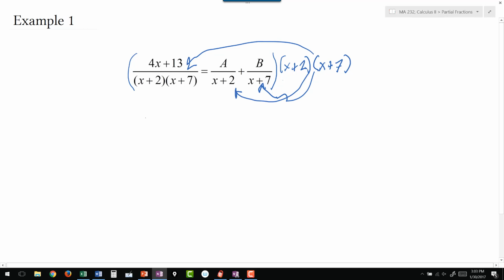On the left-hand side, notice that the entire denominator (x + 2)(x + 7) would cancel, leaving us with only 4x + 13. On the right-hand side, the x + 2 would cancel with the x + 2, but that would leave me with A times (x + 7).